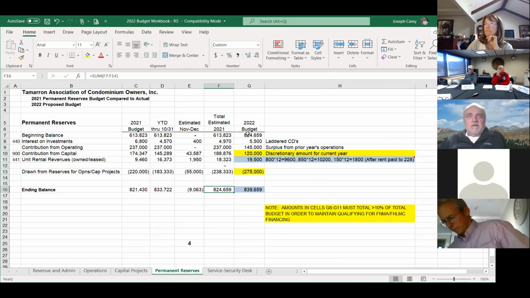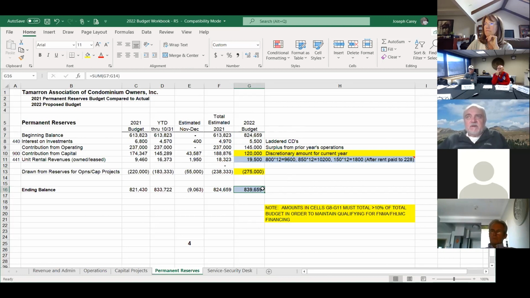Because of the situation we're in, including the 151,000 that we have to put towards the engineering for this plumbing replacement project, we start our reserves at 824 and change next year, but we're only able to increase it by a very small amount up to 839,000 at the end of 2022.